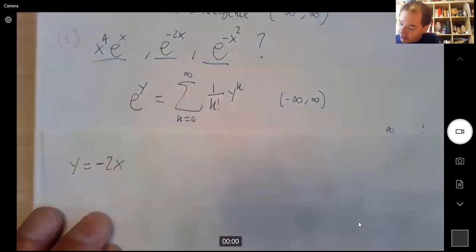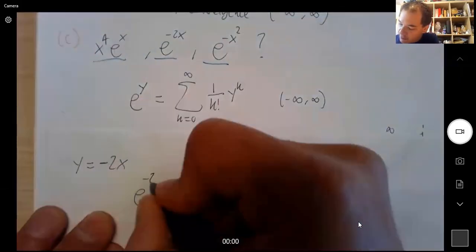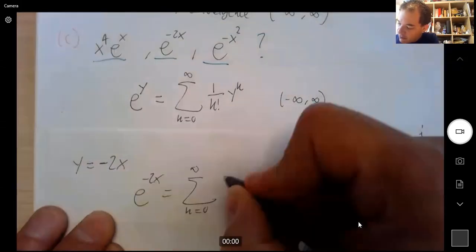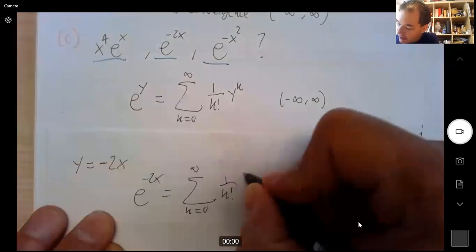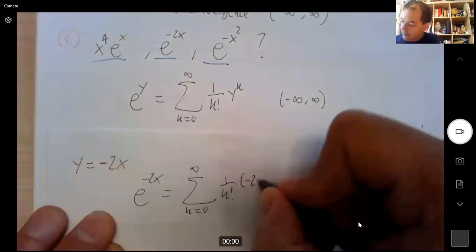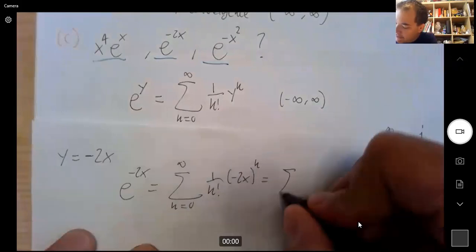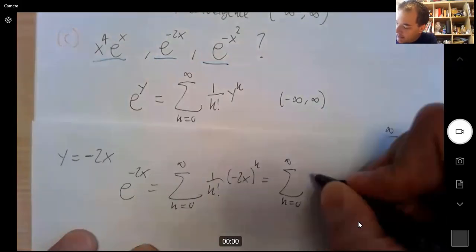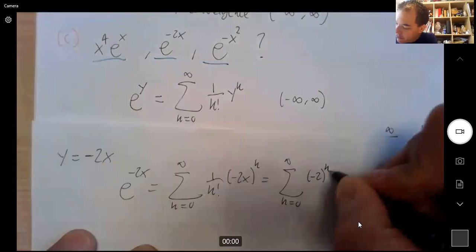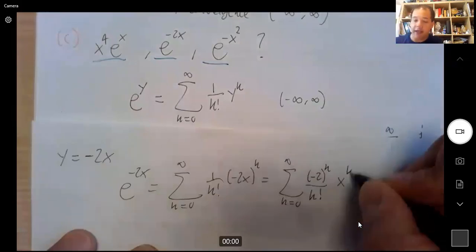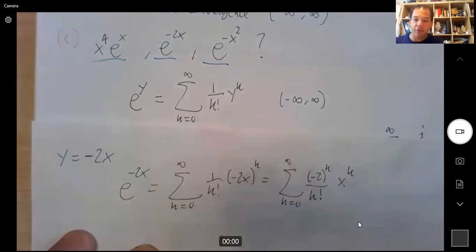And then we know that e to the negative 2x will be the series sum of 1 over k factorial times negative 2x to the power k. So if we simplify it a little bit, this is negative 2 to the k over k factorial x to the k. And that's it. Same as before.